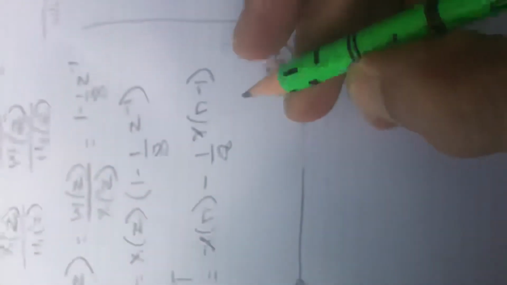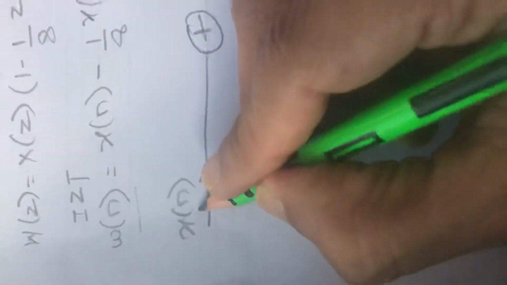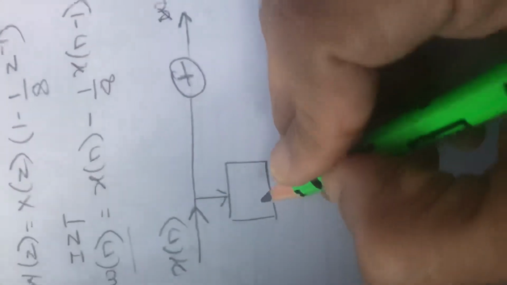So w of n is equal to x of n minus, so I'll have an adder block here, minus 1 by 8 x of n minus 1. That means signal x of n has to be delayed by 1. So this is a delay block.